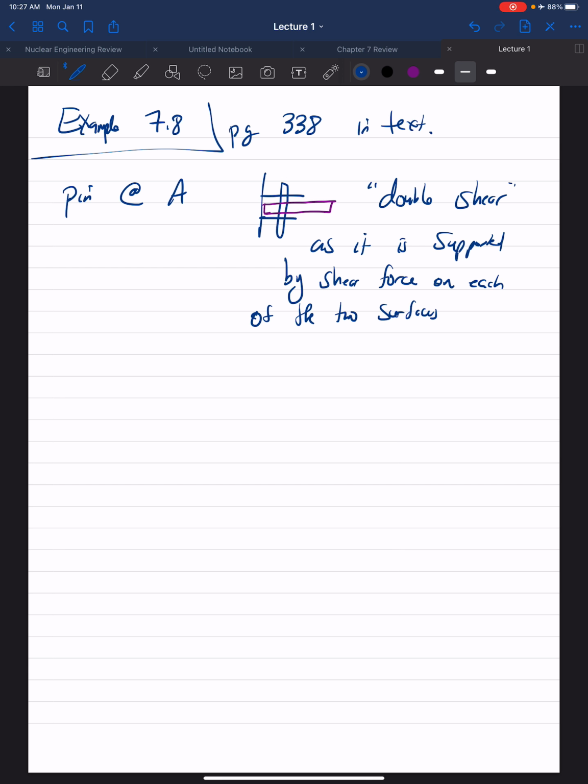The pin at B, this is the pin. This is single shear.